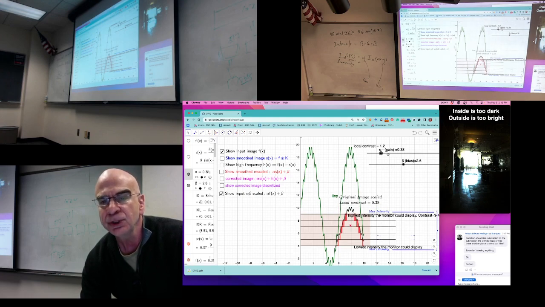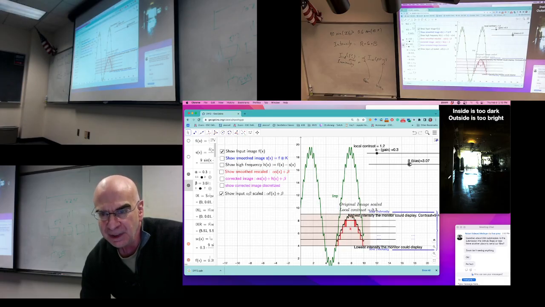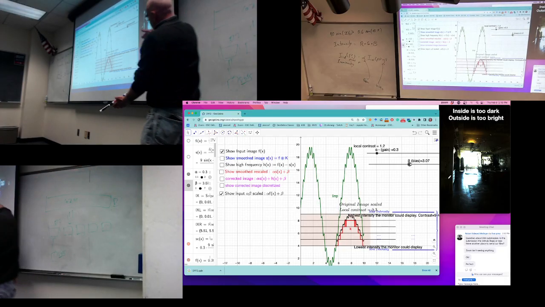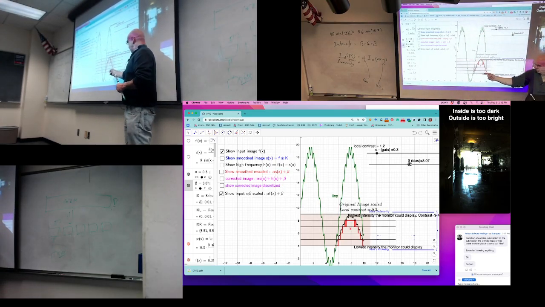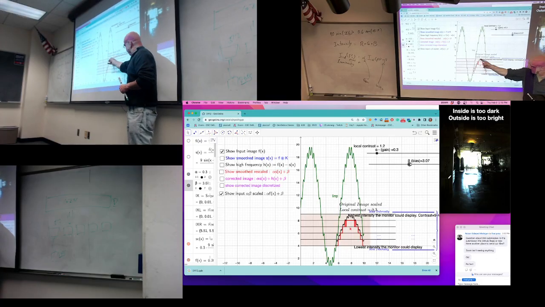I started to change alpha, the gain, and beta, the bias, so that now I compressed everything from here into this region. In this region, this will be the minimum value, and that would be the maximum.